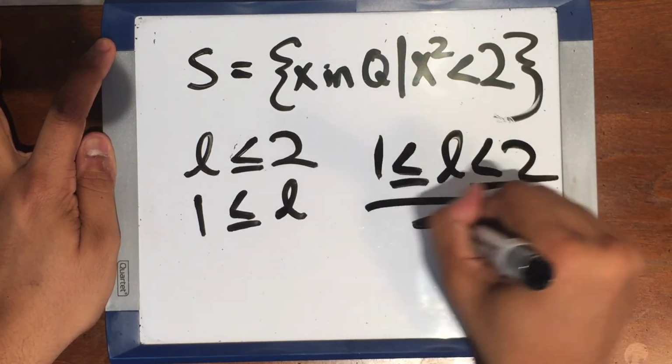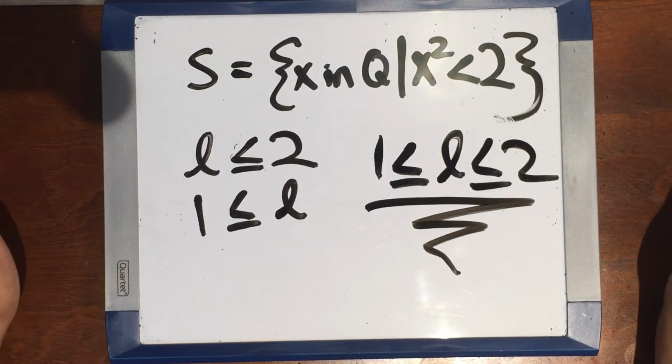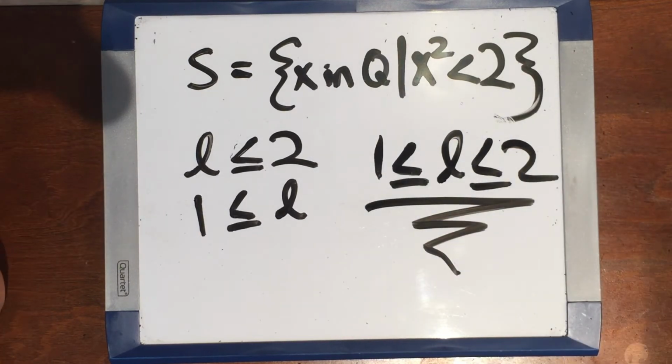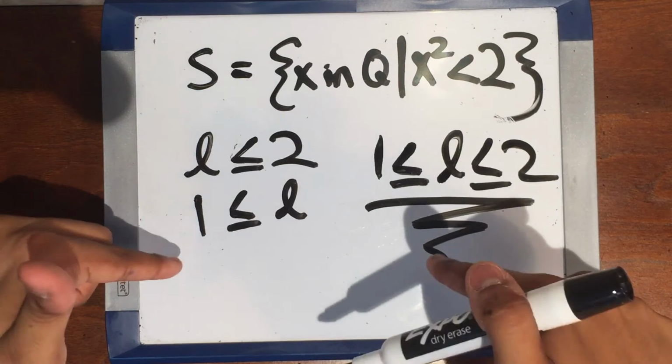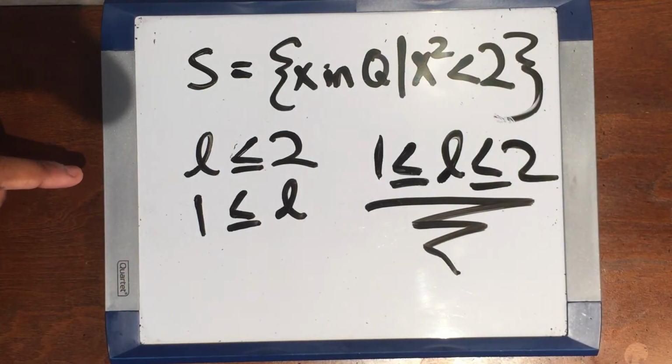And this is very important for our argument and how we're going to contradict the idea that there exists a least upper bound. So going back to the contradiction idea, we're going to contradict the statement that it exists to prove that it doesn't exist.